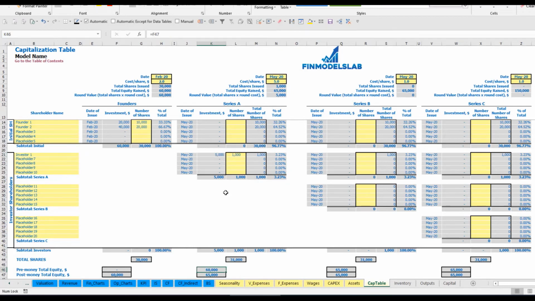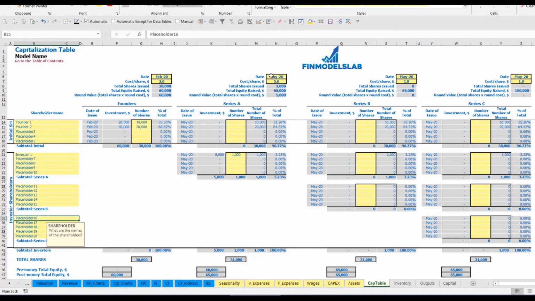You may see that before the Series A total equity was $60,000, after $65,000, and investor 1 will have 3.23% of shares, and the shares of founder 1 and founder 2 also diluted, 32.26 and 46.52%. You can also input some amounts for Series B and Series C.